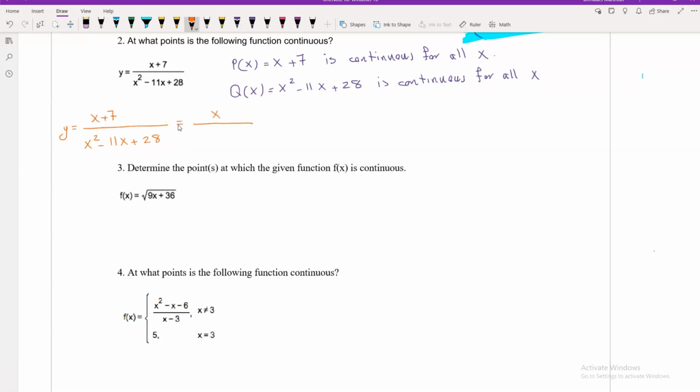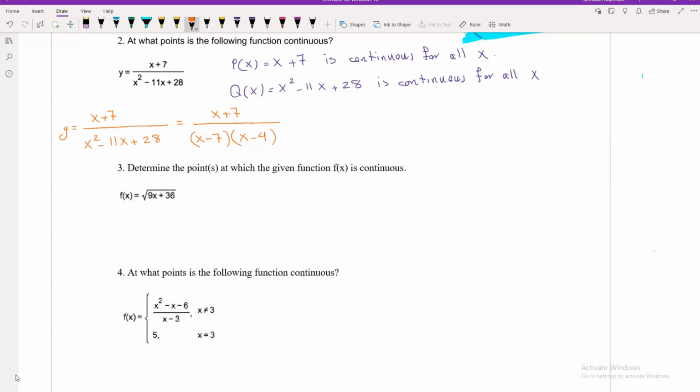And that is equal to, factor what we have in denominator. So this function is continuous for all x except what we have in denominator.